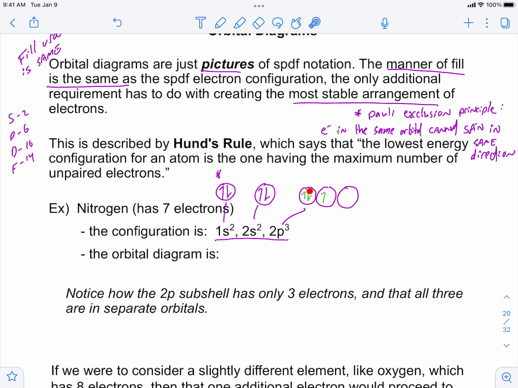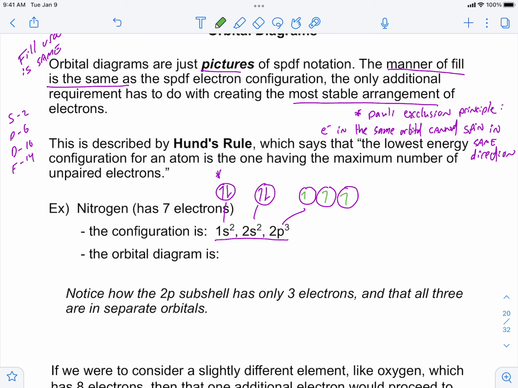So the fact that 2 negative electrons are in the same place, they're going to be bumping into each other, they're going to be pushing each other, and what's going to eventually happen is one of these electrons is going to get pushed over here. And once it goes there, it's actually going to stay there. So what we learned from this then is the electrons will not share an orbital unless they have to.